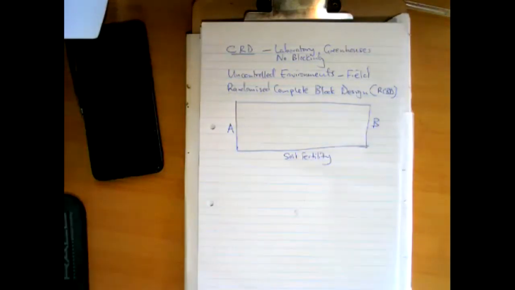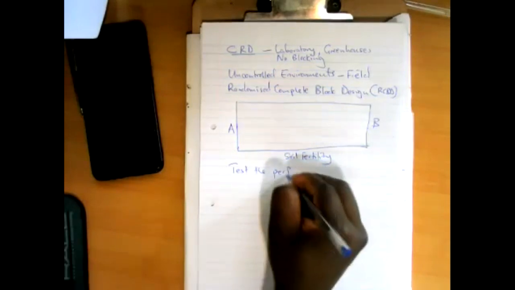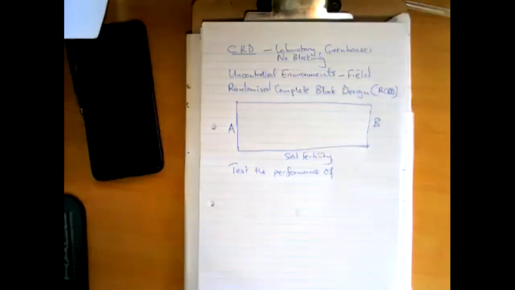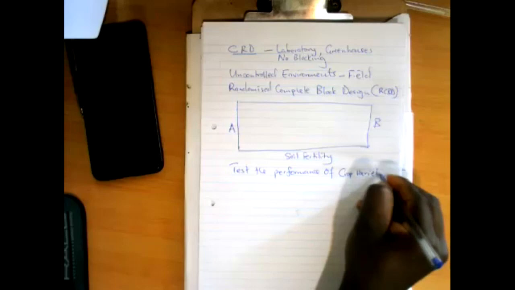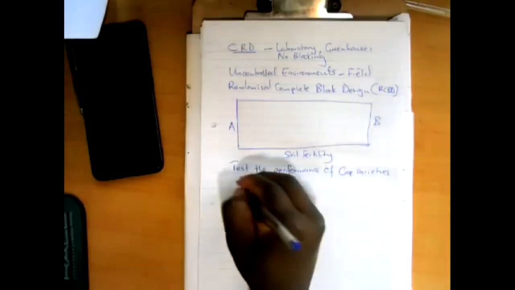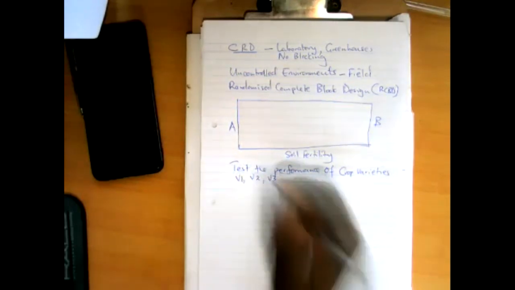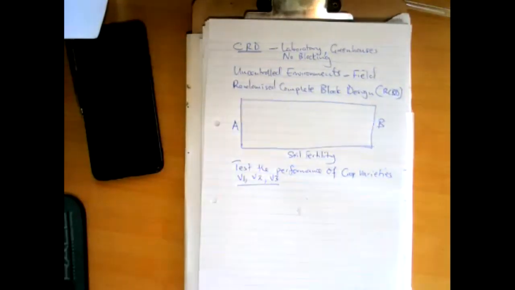Now, if we are to say, for instance, we want to test the performance of crop varieties or simply genotypes. Let me say we've got variety 1, variety 2, and variety 3. So our treatments are the different varieties.